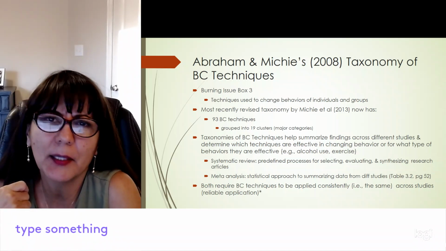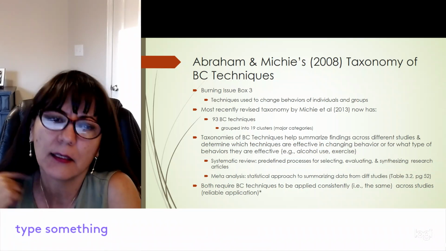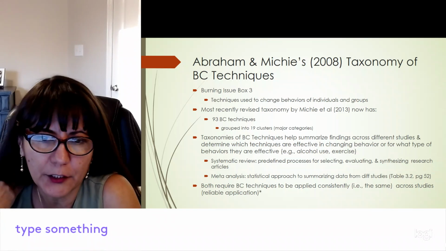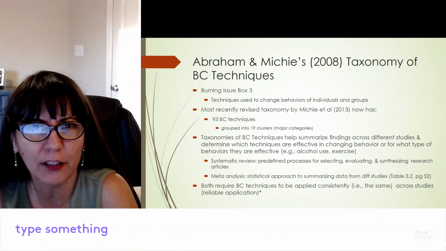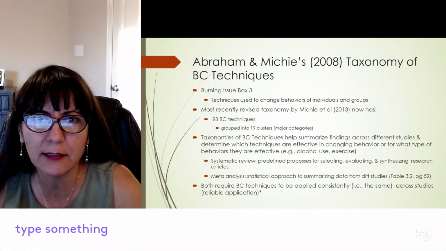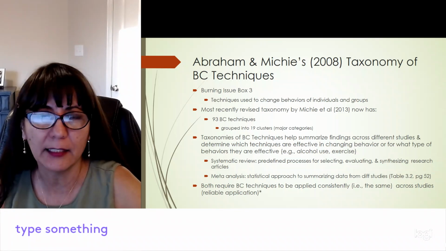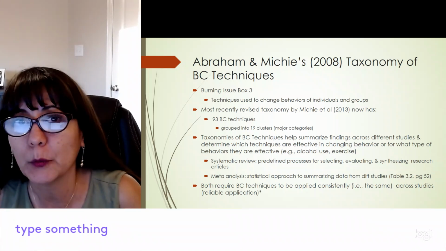So somebody asked about the difference between a systematic review and a meta-analysis. So a systematic review will go and look at the literature with predefined processes for selecting articles, like what articles do I want to include in my review. So that's defined in advance, and it guides how we go and identify and decide which articles we're going to include in our review.